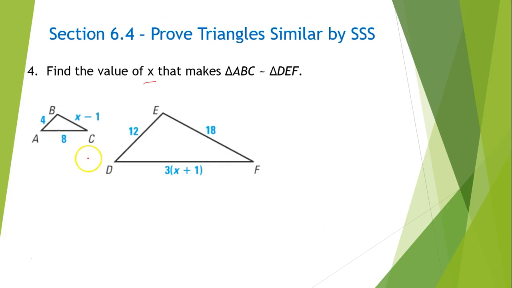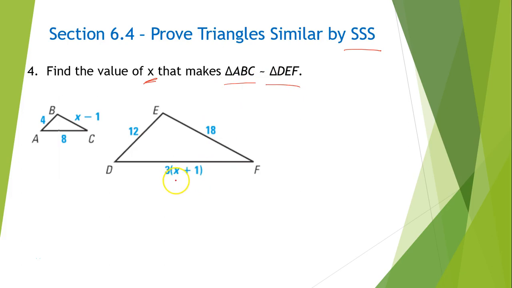All right, in this problem, just like the last one, notice we have side lengths being listed in each of our triangles. So we know we're going to be applying the side-side-side to this problem. And in this problem, it is asking us to find the value of x that makes ABC similar to DEF.